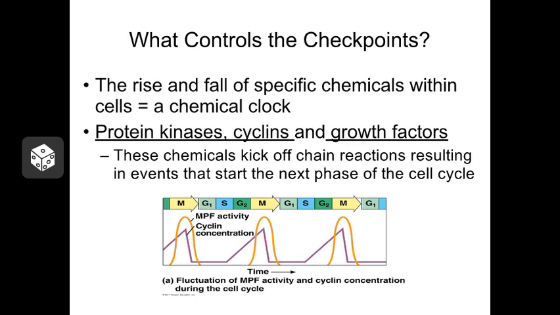Well, on a much smaller scale, we have these chemicals that rise and fall at certain times, and at the checkpoints, the cell will take a moment and look at all the different chemicals. And if all of these chemicals don't have their proper levels at that point in time, it will not proceed into the next phase of the cell cycle.